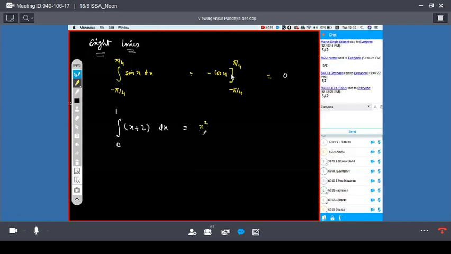X square by 2 plus 2x, from x equal to minus 1 to 1. At 1 we have this value, 5 by 2, because there is no importance of 0.